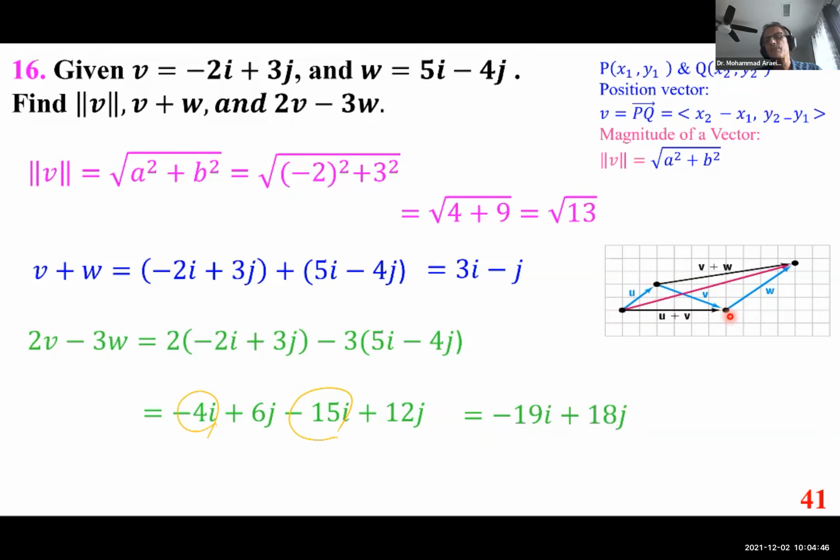Now, if we want to add this to w, then this is what we get. This is just to remind you as far as the methodology.